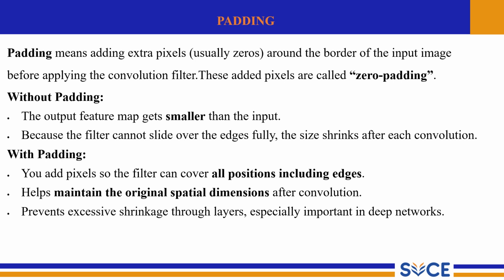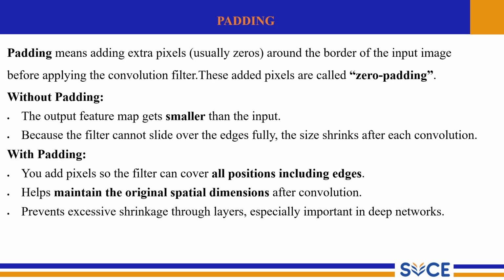Padding. Padding refers to the process of adding extra pixels around the borders of an input image before applying a convolution filter. Most commonly these added pixels are zeros, which is why the technique is called zero padding. Let's first understand what happens without padding. When no padding is used, the convolutional filter can only slide over the positions where it completely fits inside the image.